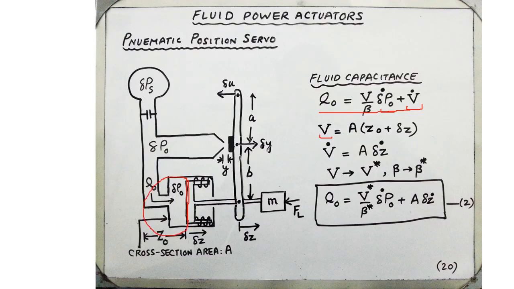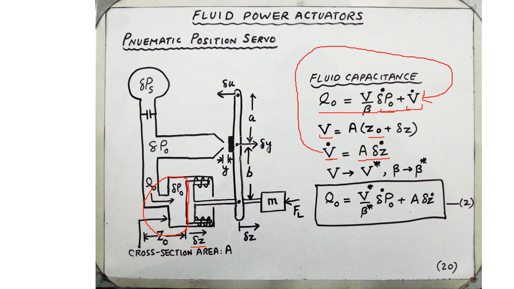So effectively A times Z naught plus delta Z. And this Z naught really doesn't matter, because we are eventually going to take the derivative, that is A times delta Z dot, and that is going to be substituted over here, V dot.